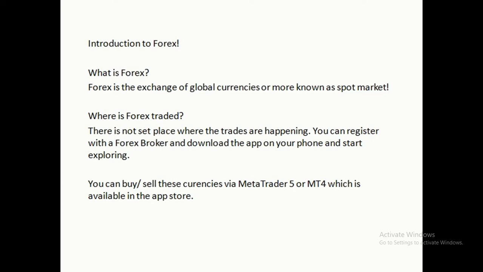Aside from that, you can also trade precious metals like gold and silver. You can trade shares and stocks of big corporations like Apple and Amazon. You can also trade cryptocurrencies, crude oil like US oil and the rest, and a lot of other assets and indices. We have a lot of them that you can trade in Forex.